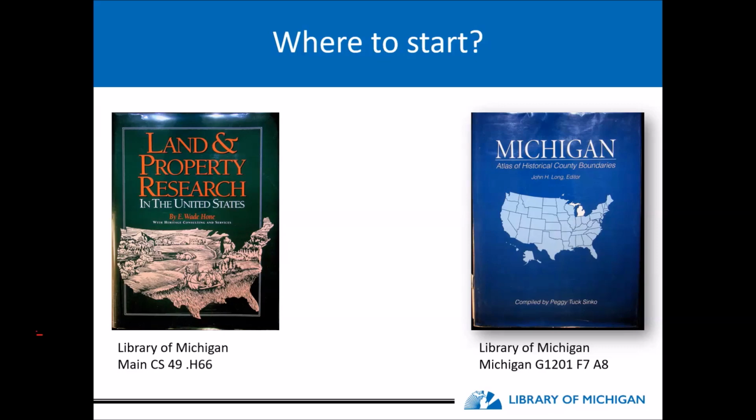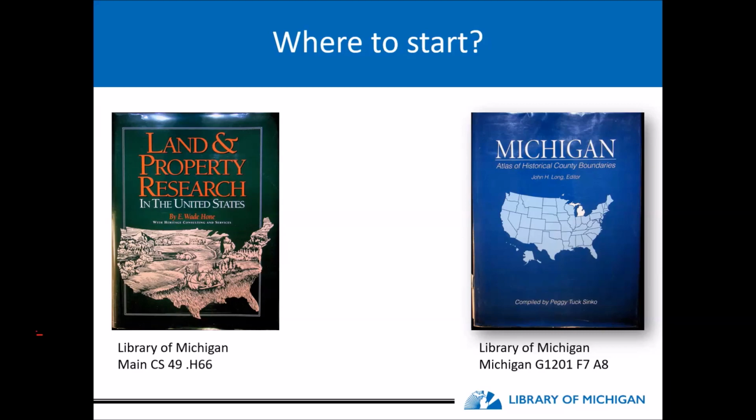The item on the right is the Michigan Atlas of Historical County Boundaries. So it lists when the counties were created, when they were authorized, the source of the authorization, when it was effective, when it took place, and then, very important, the chronology of the county development. And this is extremely important, particularly in the 1800s, prior to 1880 or so, because the county boundaries, particularly in Michigan, changed.